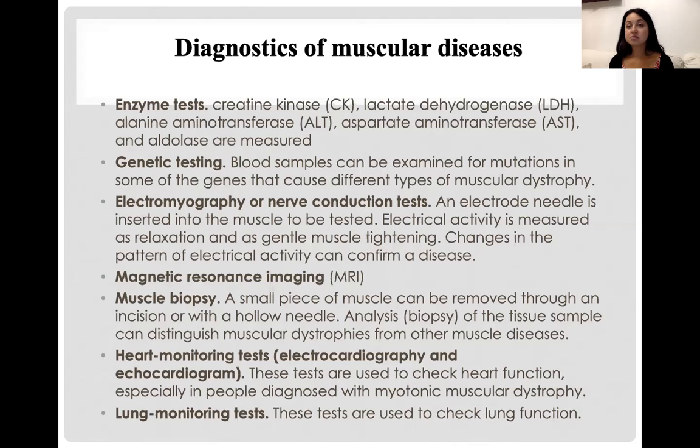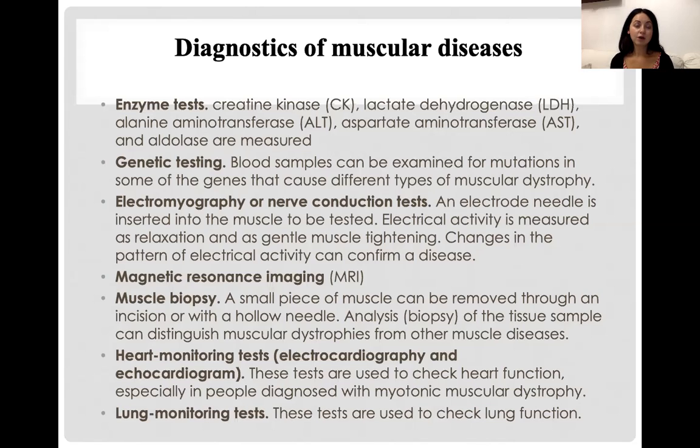Muscle biopsy is widely used to diagnose hereditary myodystrophy and tumors, for example. And other tests are used to find the function or structure of the heart, like electrocardiography or echocardiography. And lung monitoring tests are used to diagnose problems of breathing muscles, for example, the diaphragm.